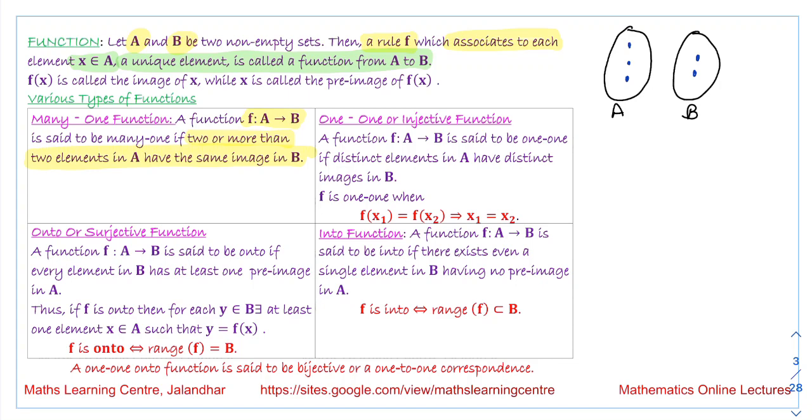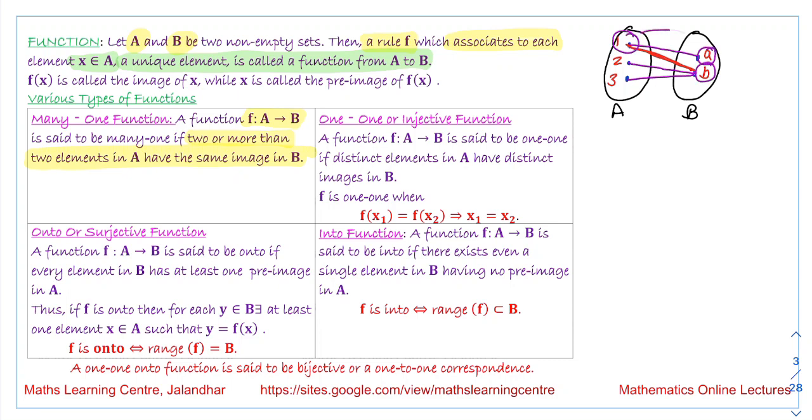What is a function? For each element in A, we associate an element of B, and this image is unique. Suppose we draw another relation over here, with elements 1, 2, 3 in A and elements in B. Now what is happening is that this one is having two images.